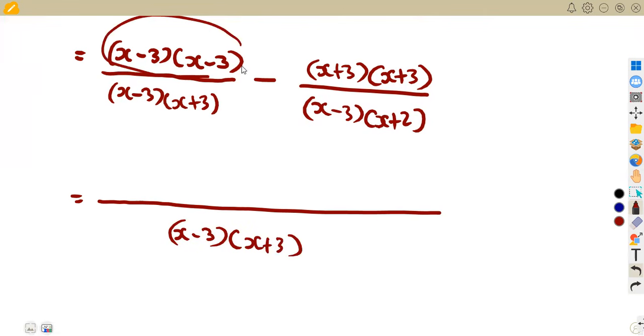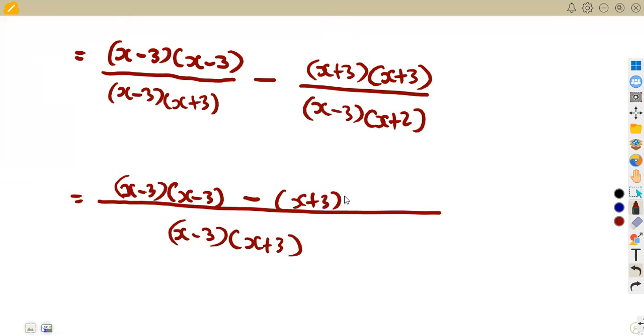I was just going to write this and minus this, everything over your LCD, which is the common denominator that we see here. So this is going to be x minus 3 into x minus 3, minus x plus 3 into x plus 3. Okay, so this is the stage where we are supposed to be now.